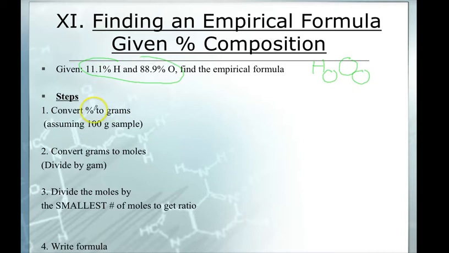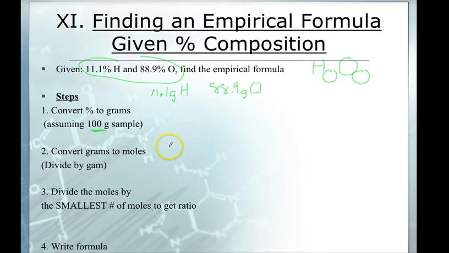So the first thing you're going to do is take these percentages and say, okay, I'm going to assume that I have a 100-gram sample because I can assume whatever sample size I want. 11.1% of that is going to be hydrogen, which means 11.1 grams are hydrogen. And 88.9 grams is going to be oxygen.